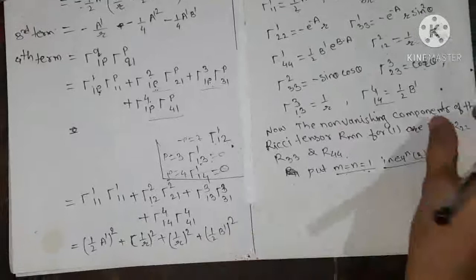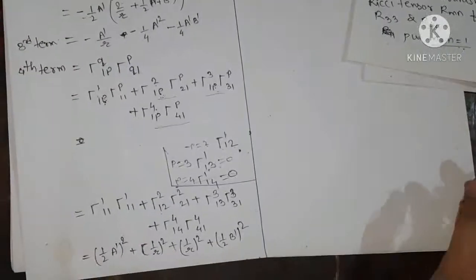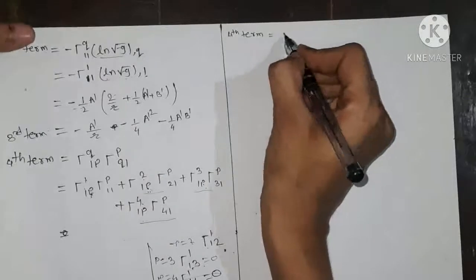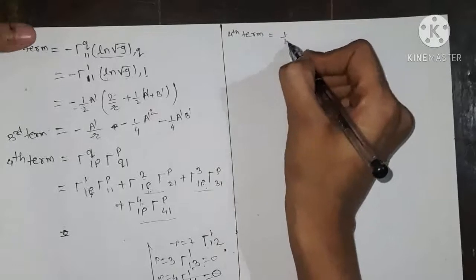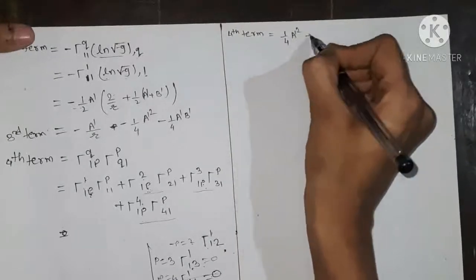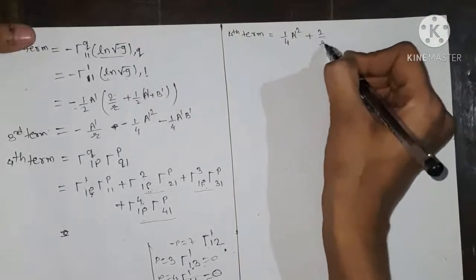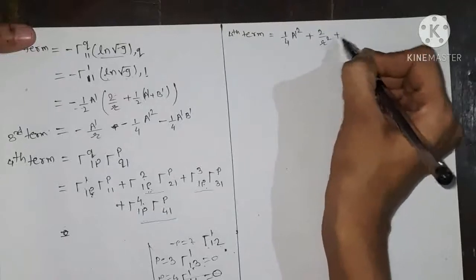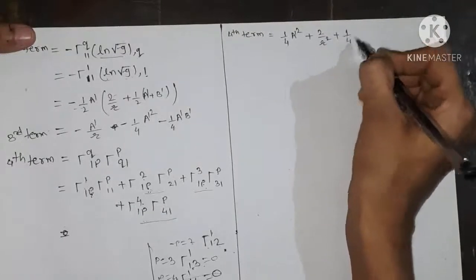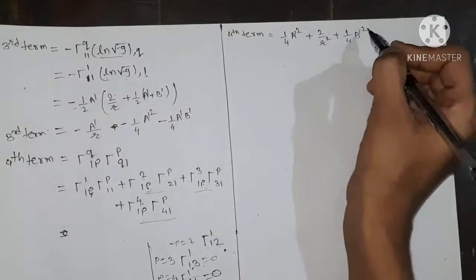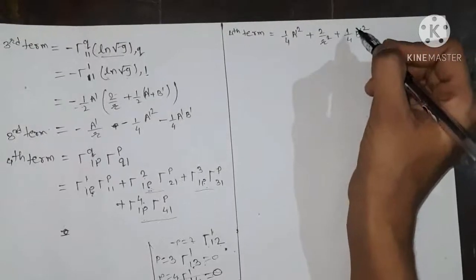So we get the sum as 1 upon 4 a dash squared plus 2 upon r squared plus 1 upon 4 b dash squared. So we get all four terms, first, second, third, fourth.